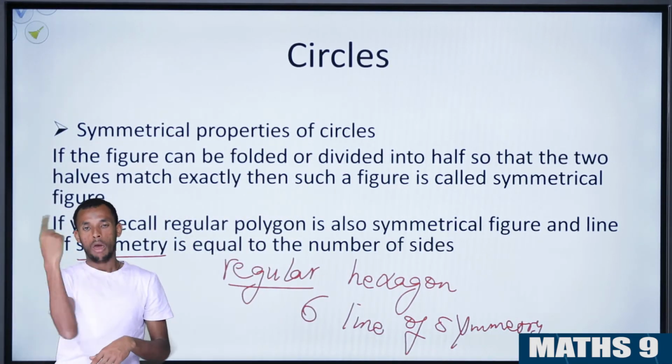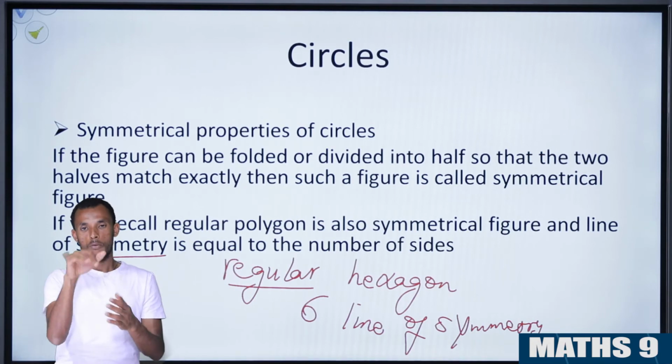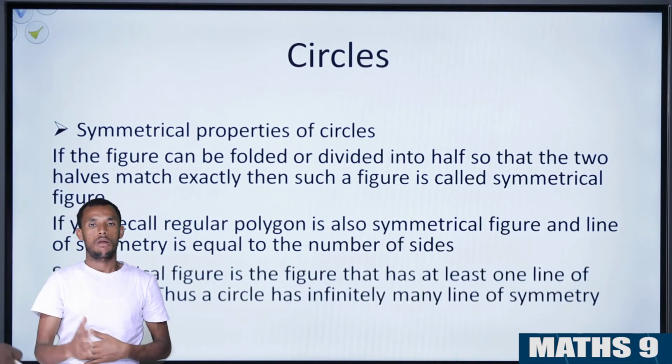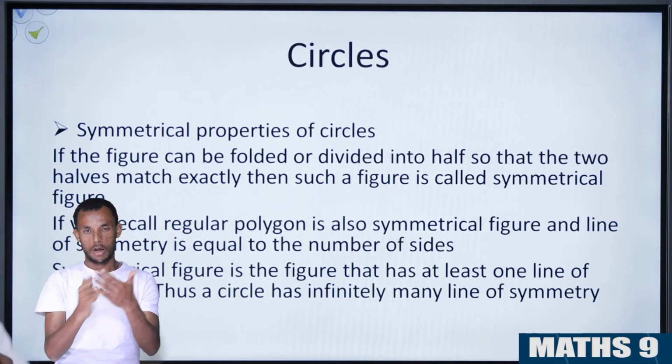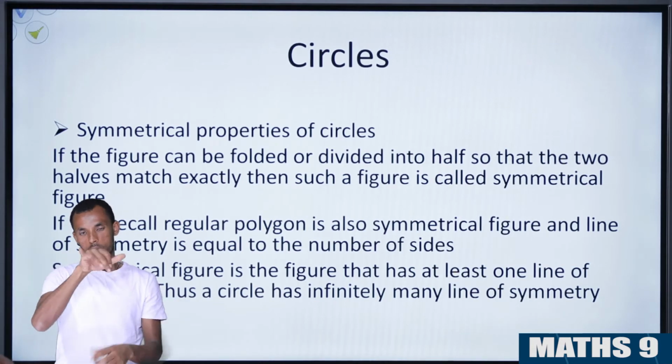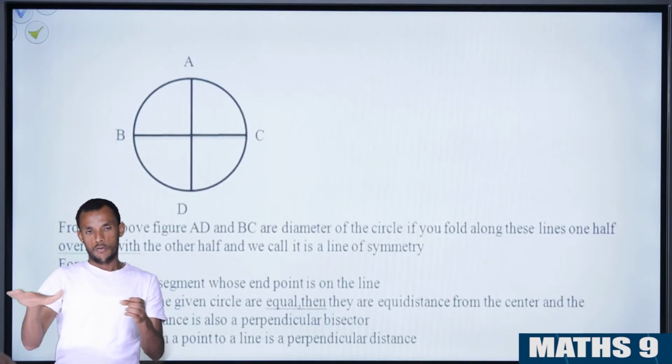Every regular polygon is a symmetrical figure, and its lines of symmetry equal the number of sides. A symmetrical figure is a figure that has at least one line of symmetry. Thus, a circle has infinitely many lines of symmetry.